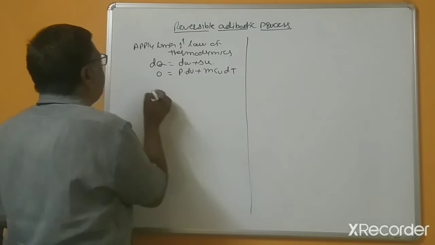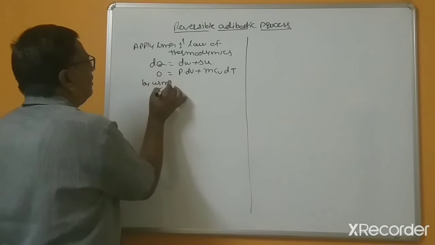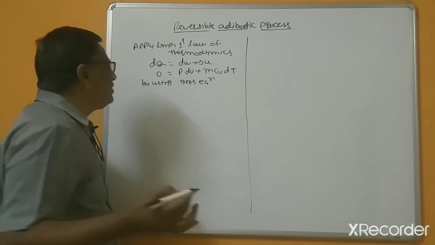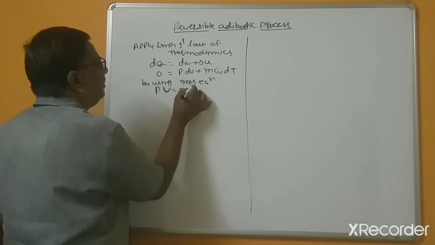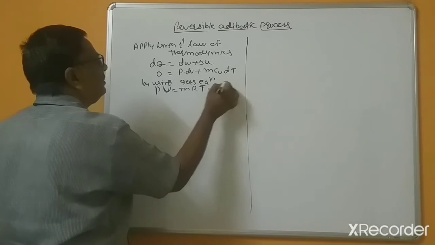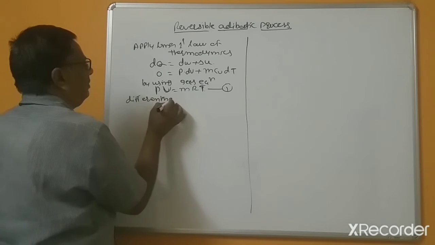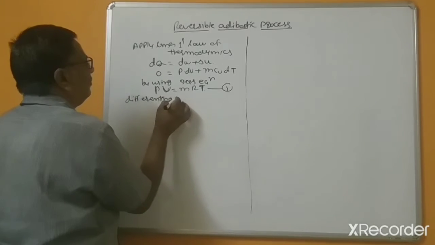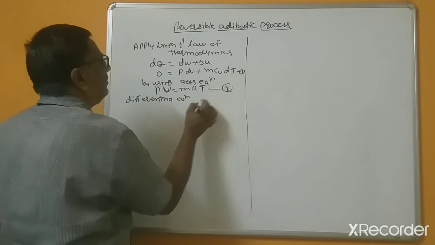And using the gas equation, as you know, PV equals mRT. Suppose this is the first equation and this is the second equation.